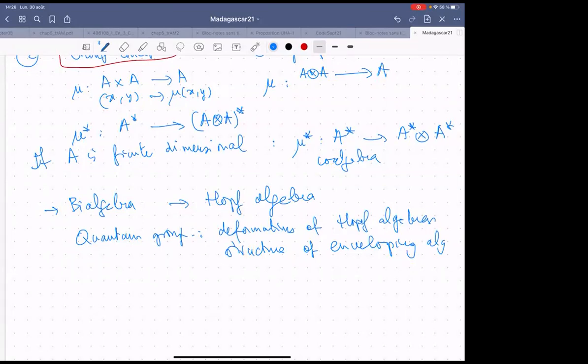In quantum mechanics, we have the notion of integrable systems, which become very complicated, and Fadeev and his group developed a theory to study this integrable system by what is called the scattering method.